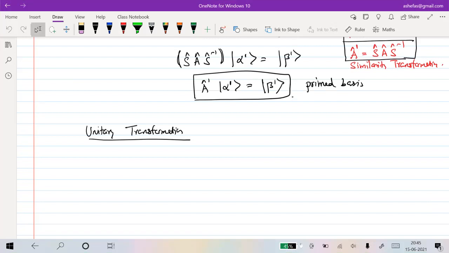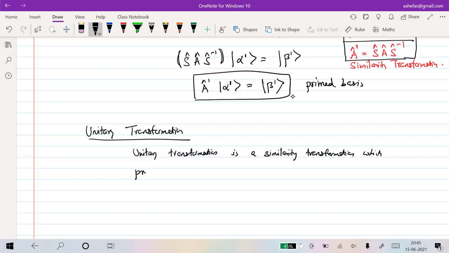Okay, so unitary operation or unitary transformation is a similarity transformation which preserves the Hermitian property of an operator.